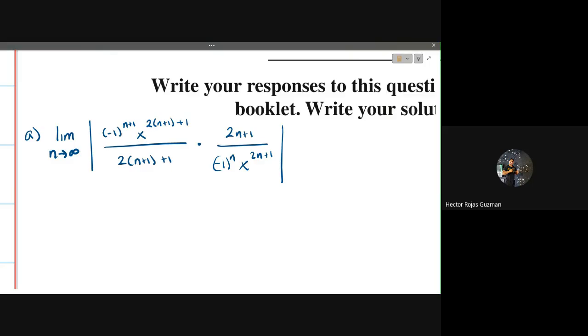Okay. I'm going to ignore the negatives now because that's what the absolute value is for, right? The limit as n approaches infinity is x to the power of 2n plus 3, right? I'm going to skip a step and split them already. 2n plus 3. The denominator should be 2n plus 3.